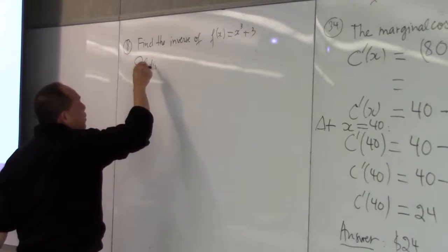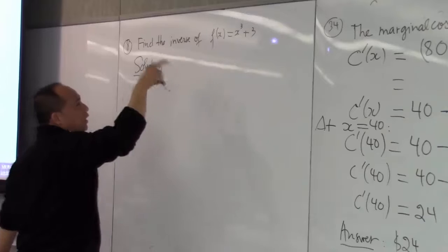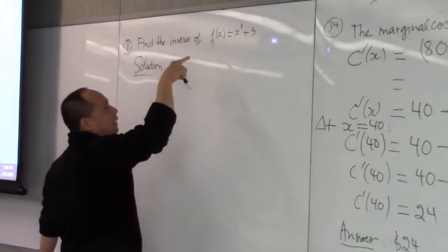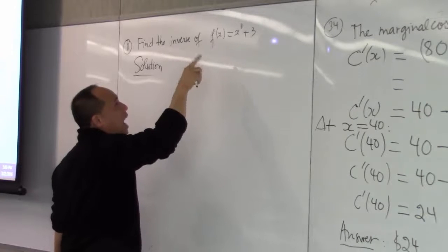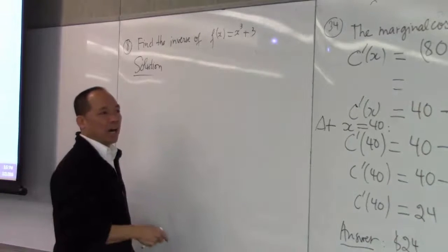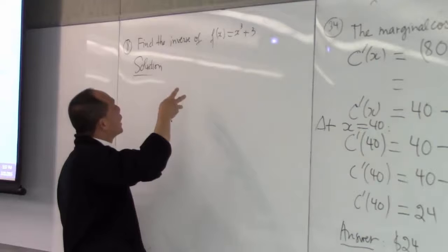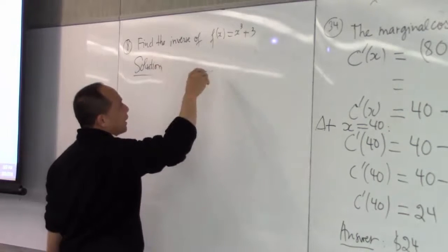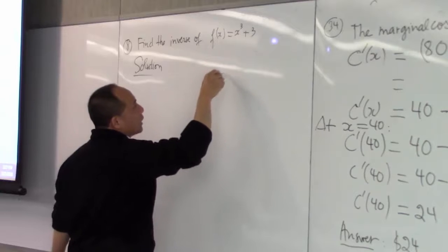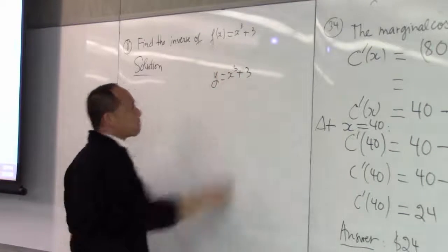If you have any function, to make it easier, you can write this function as x belonging to a set, and when you change x, you get another value f(x) equal y. For the solution, you first write y equals x cubed plus 3.